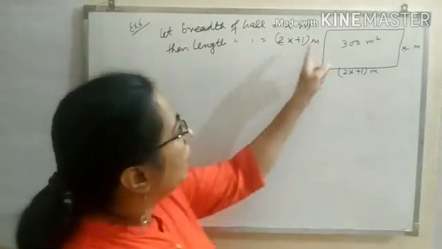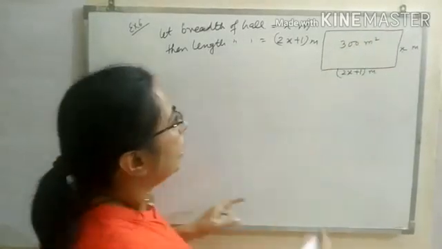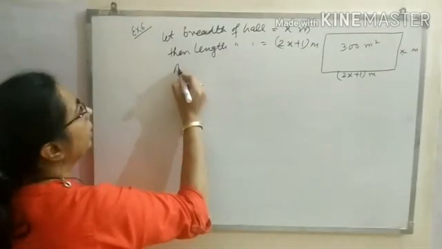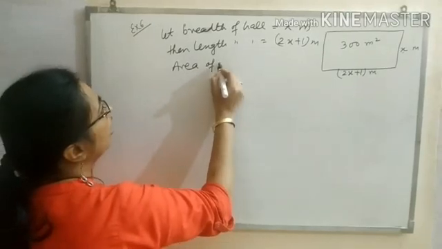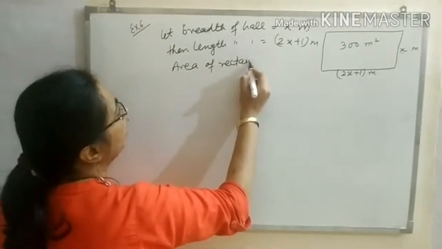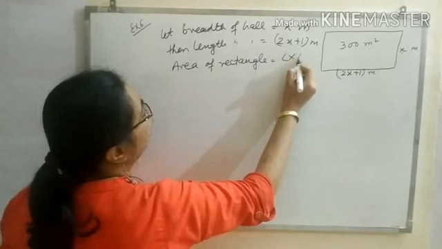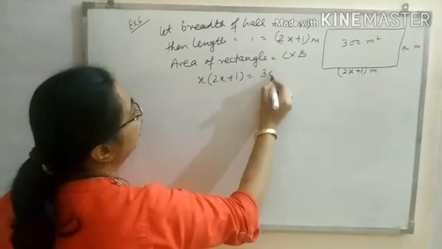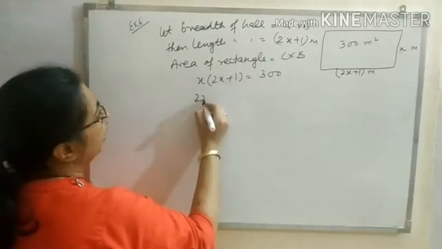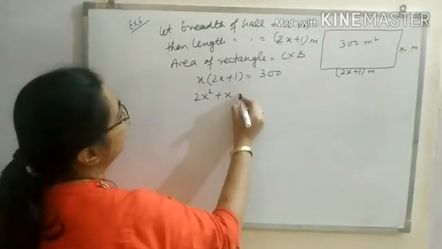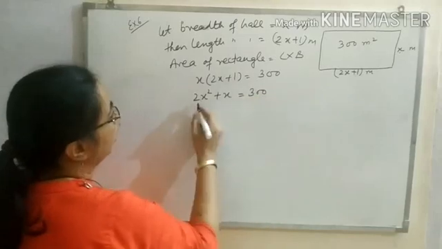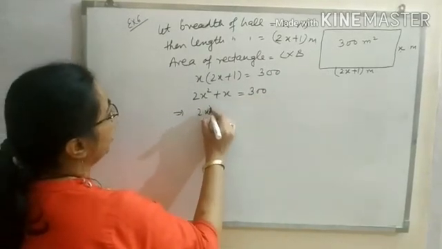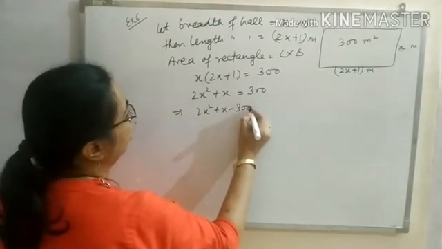You are given the carpet area is 300 meters square, and we know that the area of a rectangle, it is a rectangular hall, is length into breadth. So what will you get? x into 2x plus 1 is equal to 300. Open it. 2x square plus x is equal to 300. Transposing it, 2x square plus x minus 300 equal to 0.